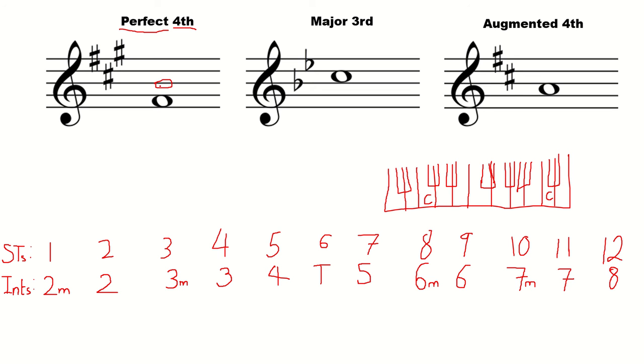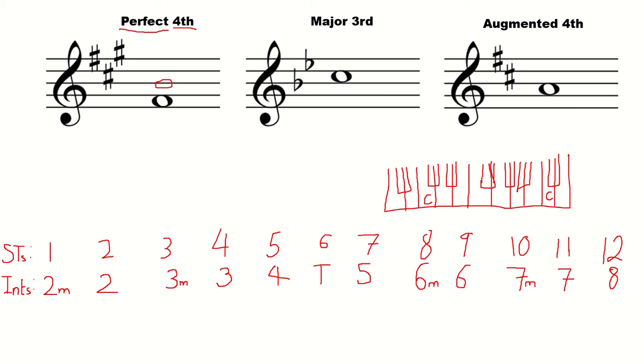So F to B. Let's have a count up. 1, 2, 3, 4, 5, 6. Ooh, what do we have there? We have a tritone, so that is going to be wrong.